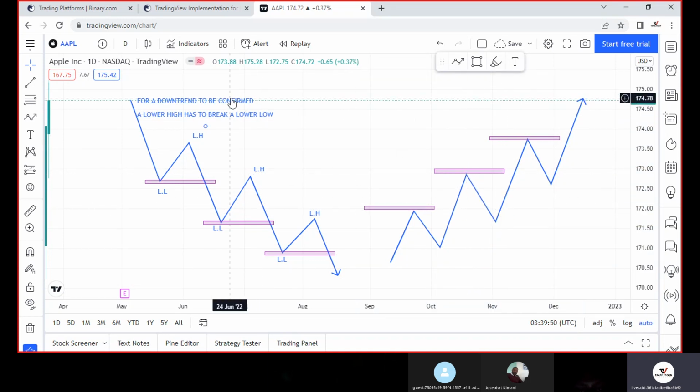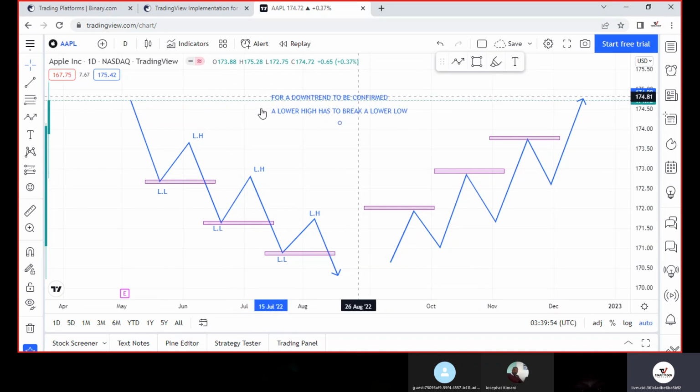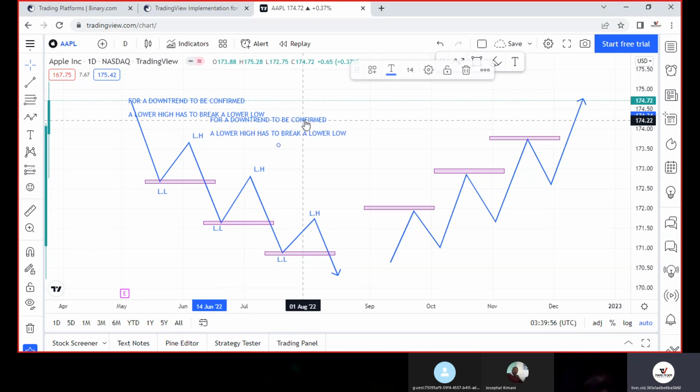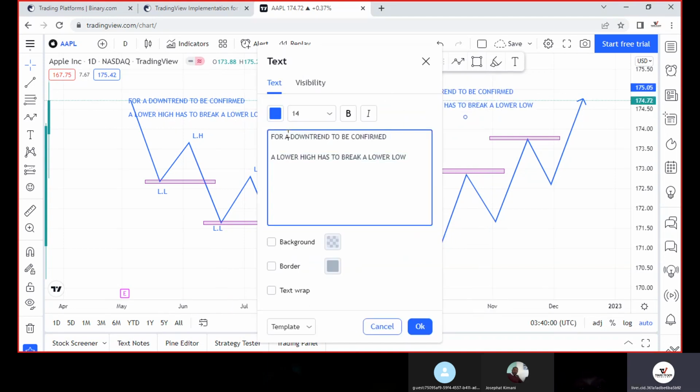So this is important for a downtrend to be confirmed. We are done with the downtrend, so we're in an uptrend now. For an uptrend to be confirmed, a higher low has to break a higher high.